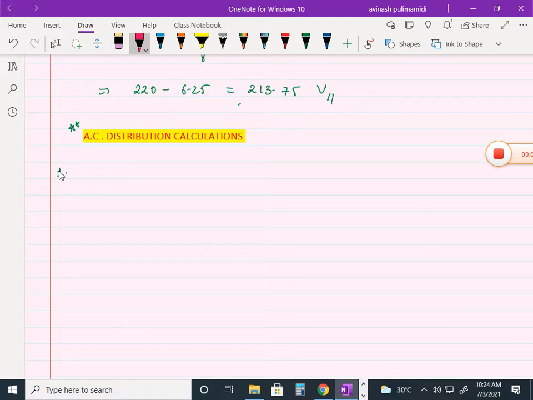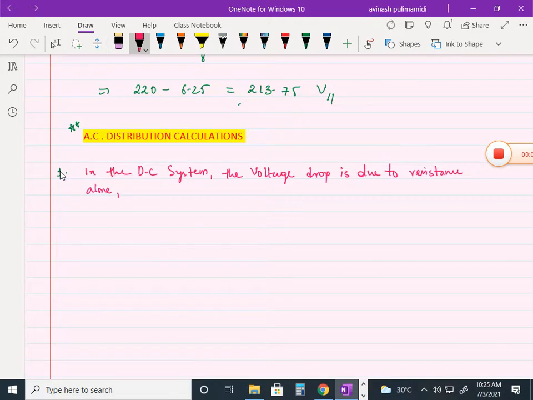In the DC system, the voltage drop is due to resistance alone.